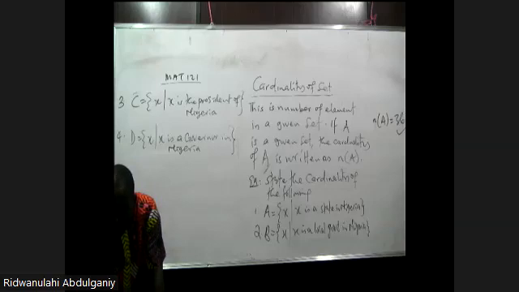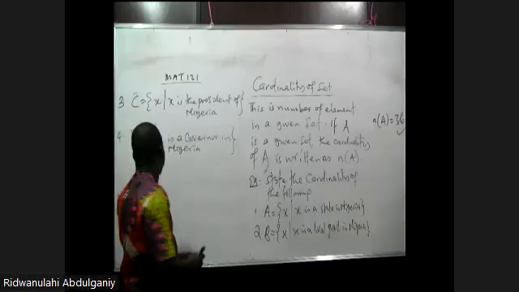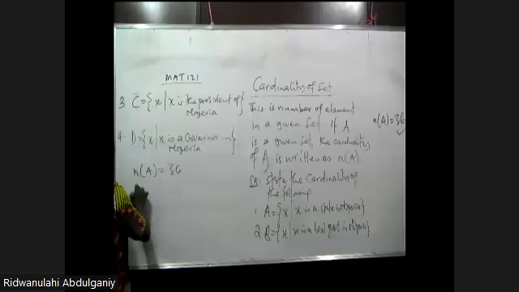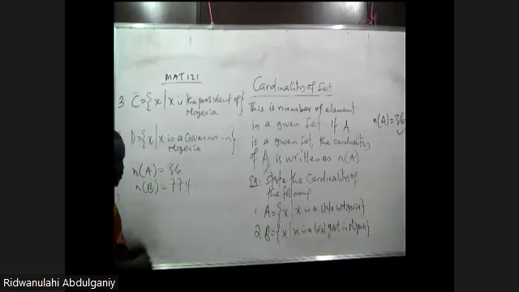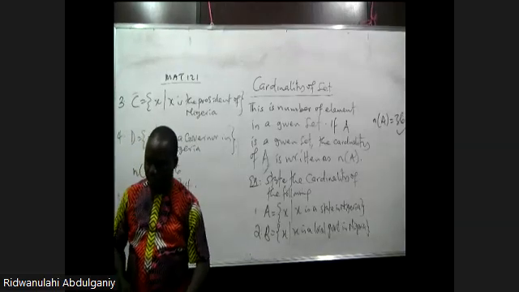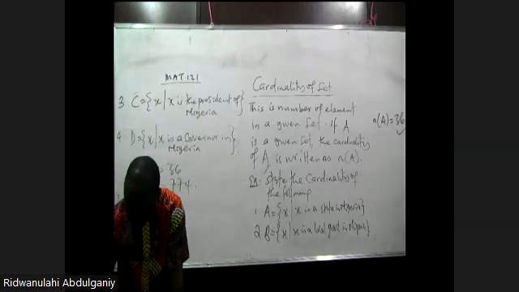Shegun, go ahead, please. The local governments in Nigeria are 774, so the cardinality of B is 774. Good. Shegun Babalola, 2 marks. So you have earned yourself 2 marks today.